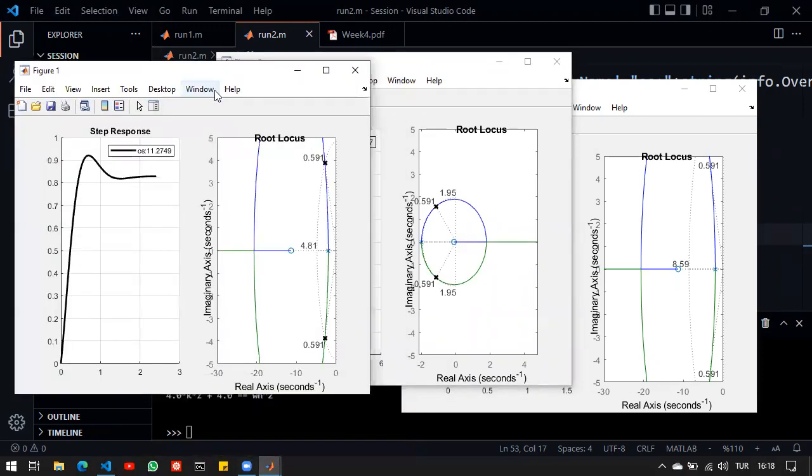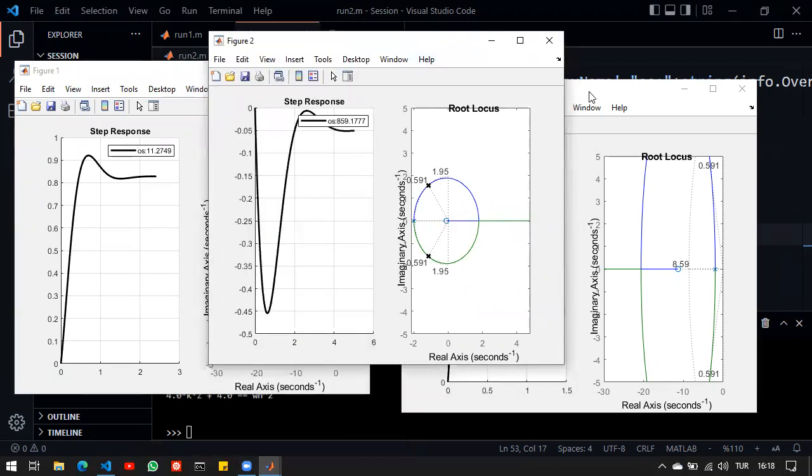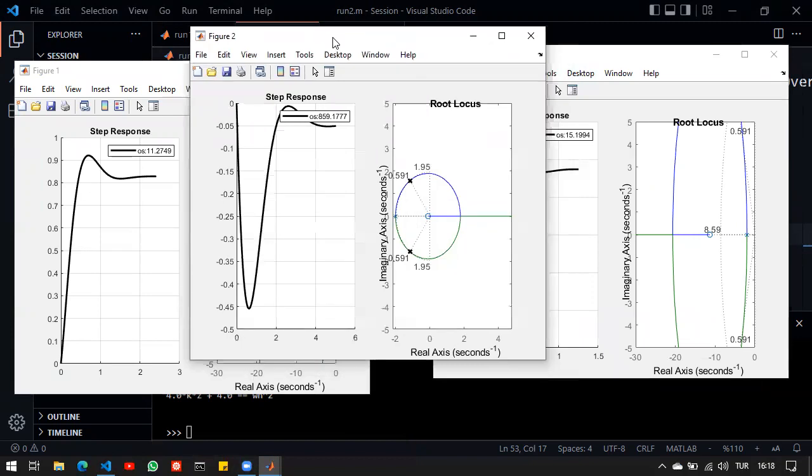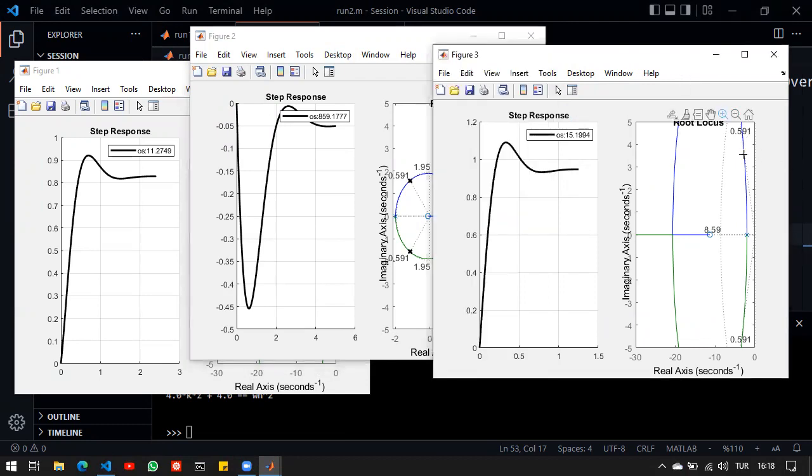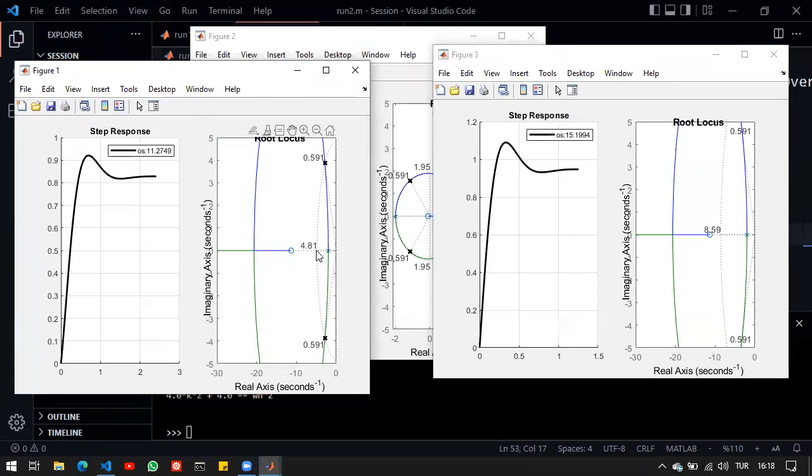So from here, I can see that choosing different omega n values in this case, because 195 is this solution here, 8.59 is omega n in this solution, and 4.81 is the omega n value for this solution.